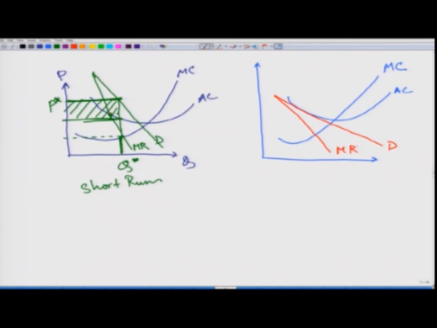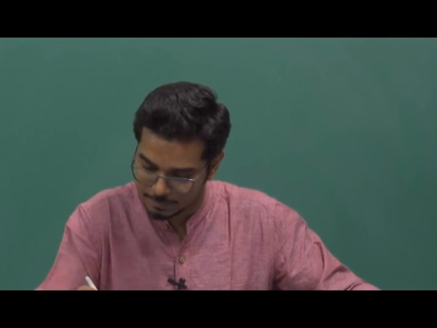Then my demand and average cost, by price, will come from here, and this is my demand and average cost curve intersection point. So this is my cost C, and I will set the price over here as well. So actually they are not making any profit in the long run.